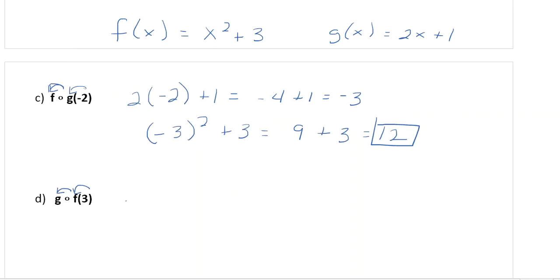It becomes 3 squared plus 3. Again, 3 squared is 9, plus 3 is 12. That becomes our new input. We take that 12 and put it into the g function. 2 times 12 is 24, plus 1 is 25.